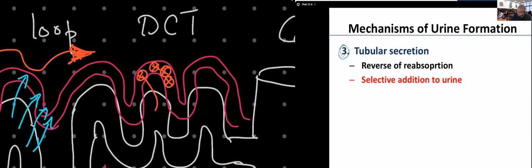What will I do? I will simply release it out in the urine. And again, mainly I'm concerned with what is the part of the kidney tubules that is mainly concerned with secretion. It's going to be your distal convoluted tubule.